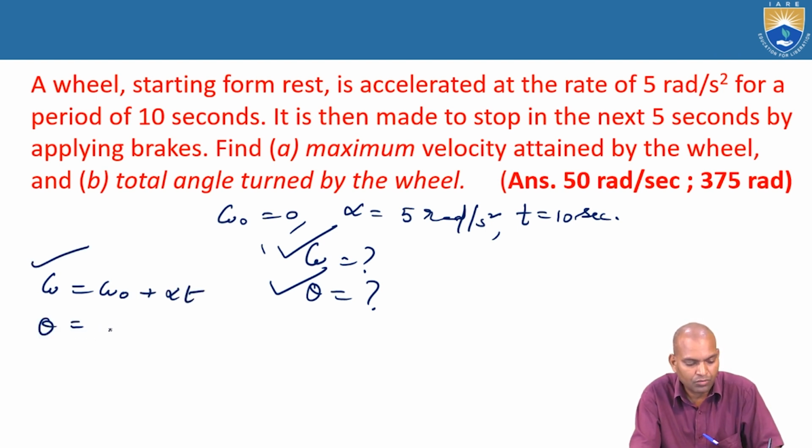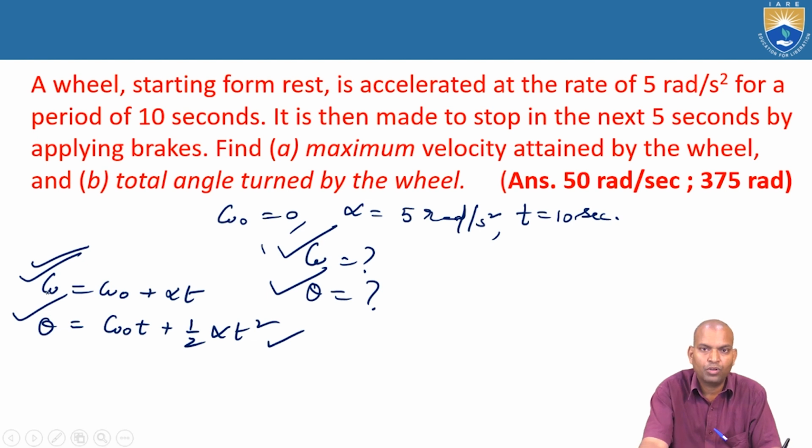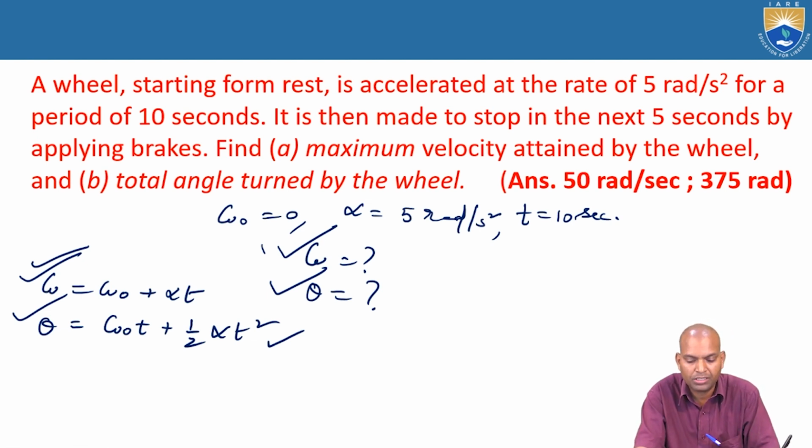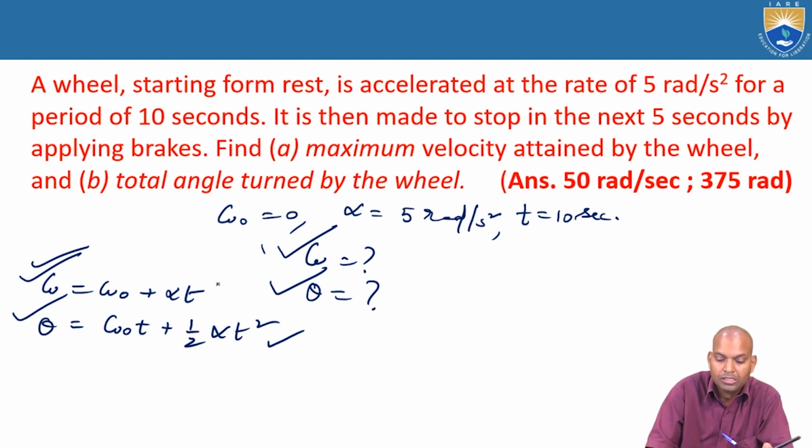Another equation, theta equal to omega naught t plus half times alpha t square. By using these two equations of motion, when the body is under rotation, you can get this omega and theta, that is the final angular velocity, and also the total angle turned by the wheel.